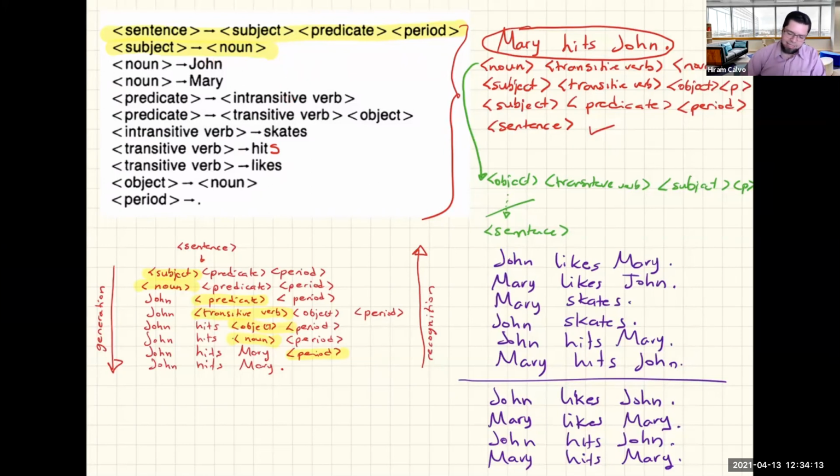So also you can see that this grammar is generating a language, and the language is, as always, the set of all different strings that can be generated within it.